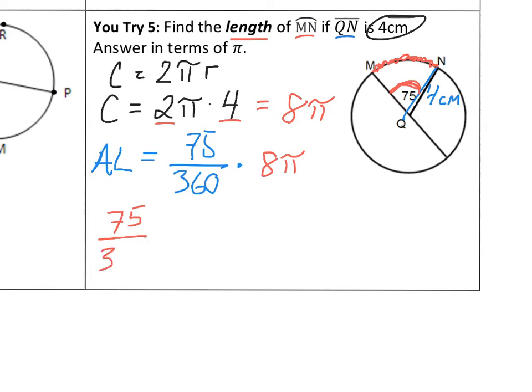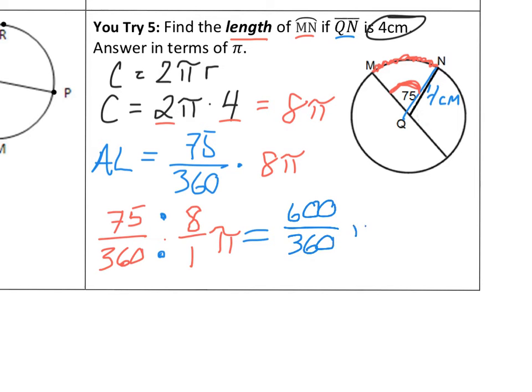So it's going to be 75 over 360 times 8 over 1 pi. You're going to multiply straight across. 75 times 8, 360 times 1. Which gives me 600 over 360. And pi is still included.